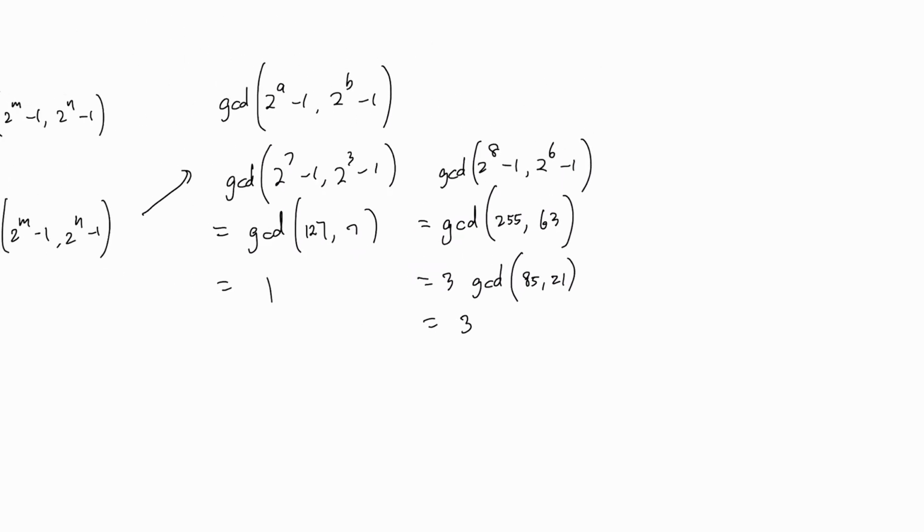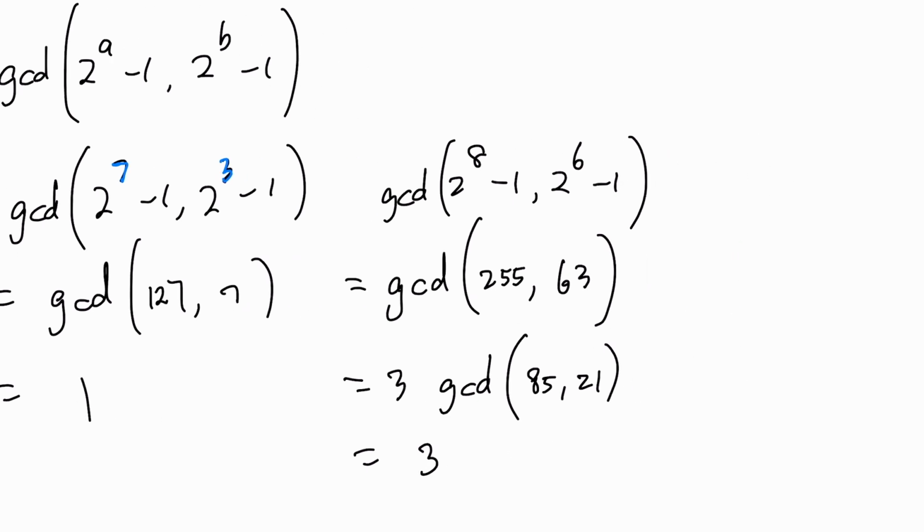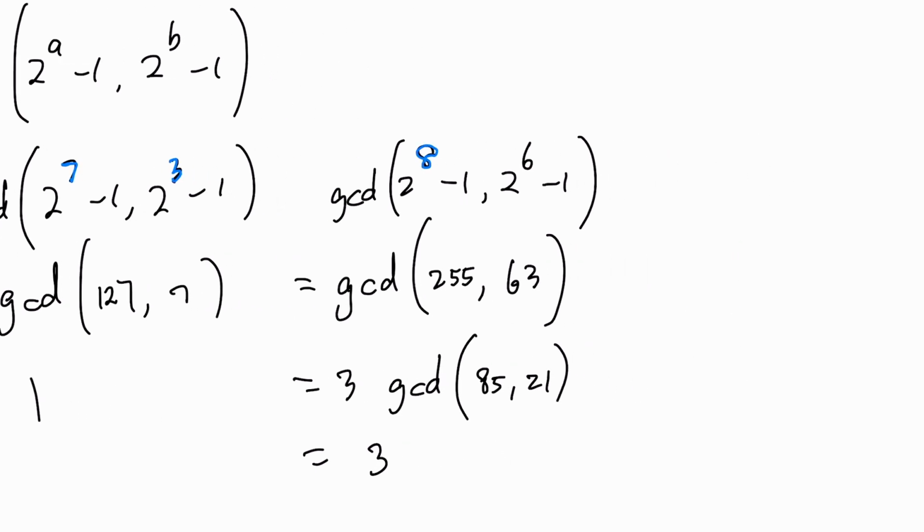Do we see something here? Well, 7 and 3 are coprime, and their GCD is 1. And 8 and 6 have a GCD of 2, and the GCD of the numbers is 3. You can, of course, if you don't see anything, pause the video and try some other examples.